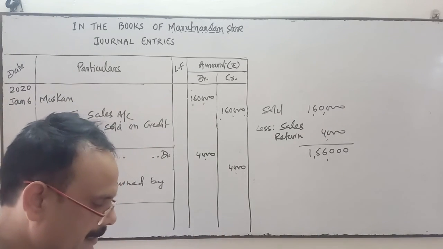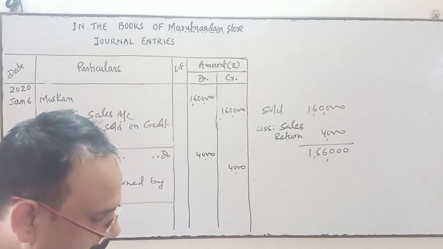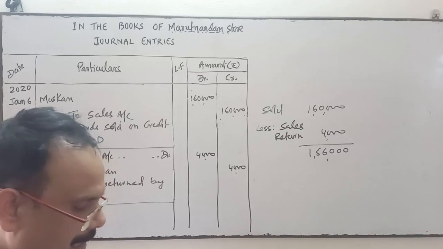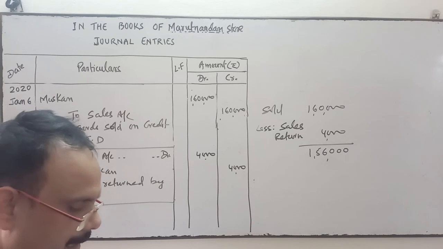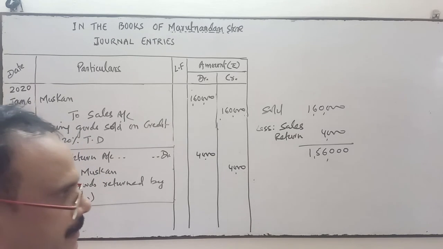But in the third transaction, we read that we received from Muskan the full payment under a cash discount of 4%.